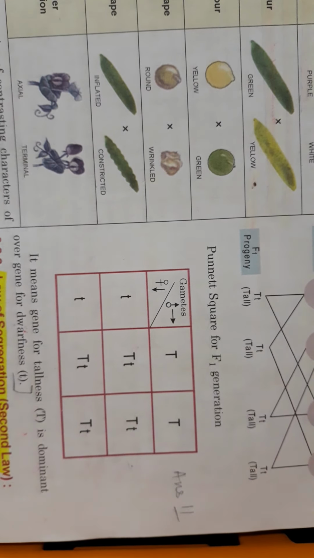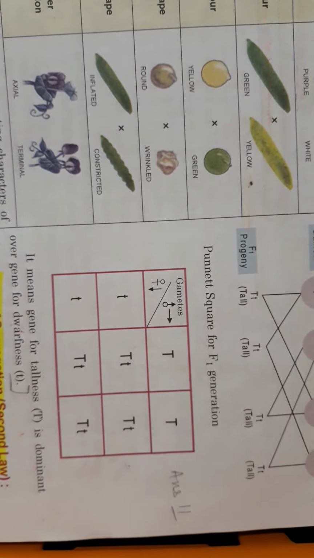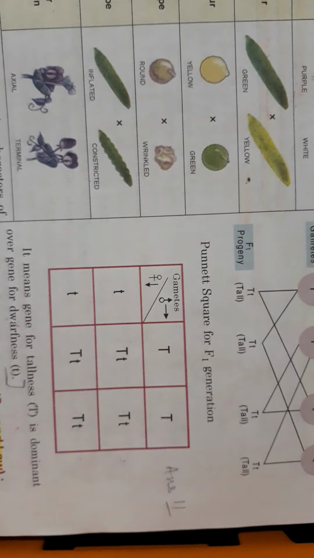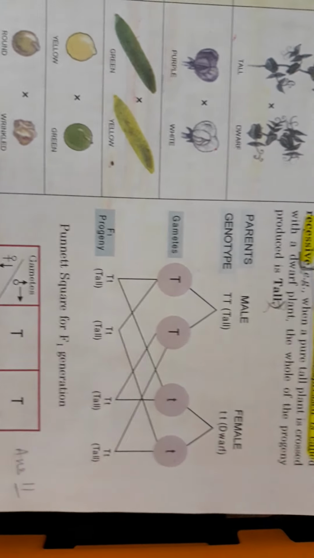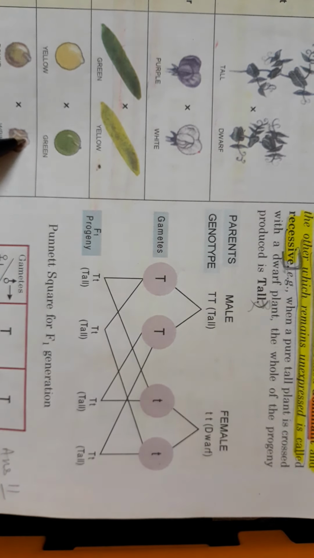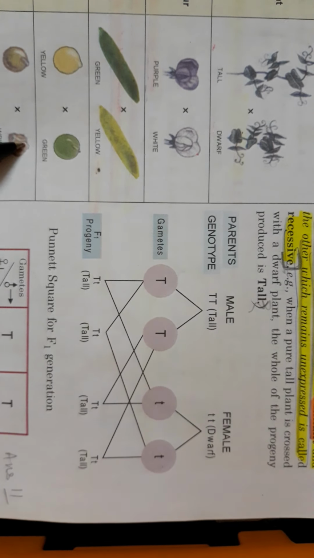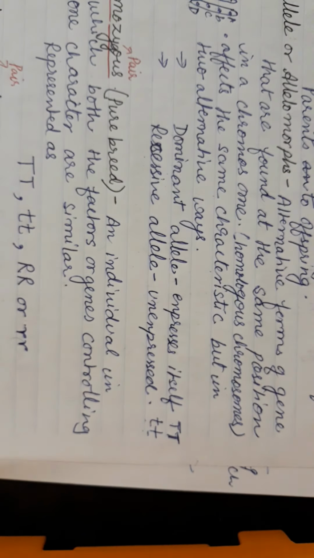These were the 7 contrasting characters of garden pea which he took for his work. We are talking about them because we are going to use these when we study Mendel's laws.